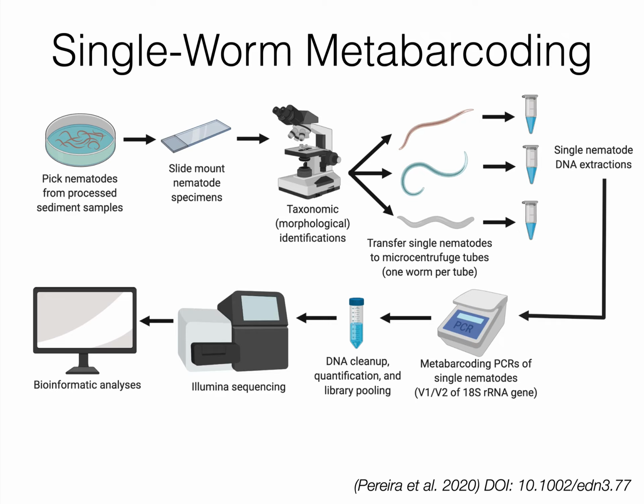So we're taking an identified nematode, putting one worm into a DNA extraction, and then individually indexing those worms in tubes. So when we get the metabarcoding data set, the barcodes, the samples, are affiliated with a single worm. For the most part, we're focusing on the V1, V2 region of 18S ribosomal RNA. That end of the gene tends to work better at separating species for nematodes.